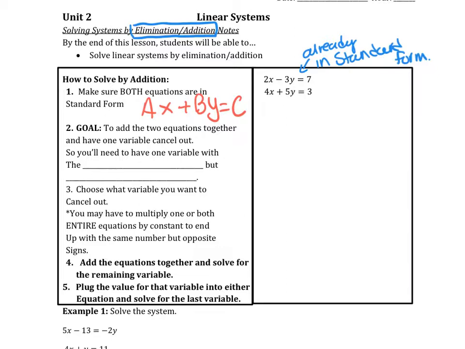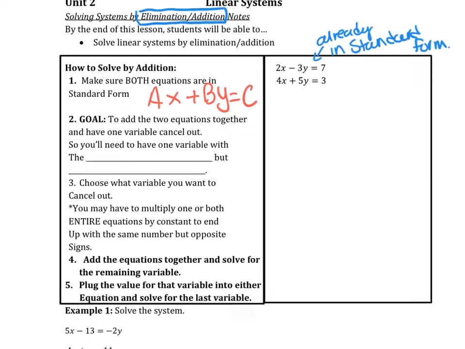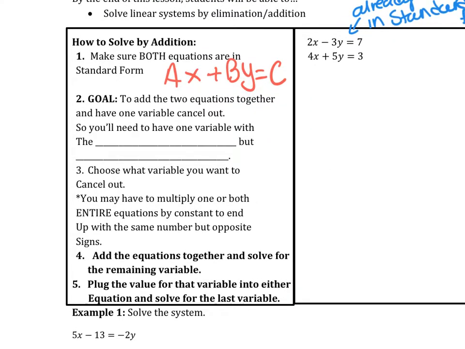So in order to have a variable cancel out when you add the equations together, you will need to have one variable with the same number but opposite signs. Right, because if you have a positive 4 and a negative 4, if you add those together, you get 0. It'll cancel out. Or a negative 6 and a positive 6, if you add those together, you get 0. They cancel out.